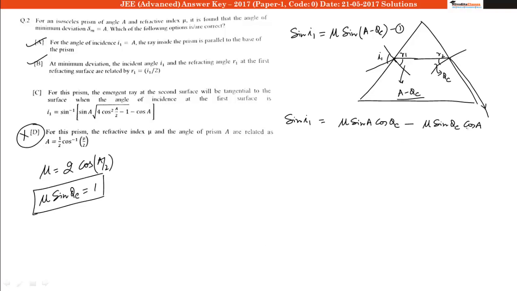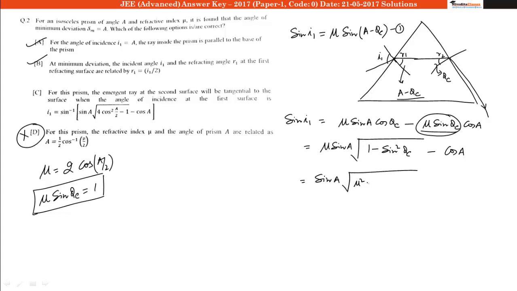Now here we can see that mu sin QC will be equal to 1, so we can substitute it, and here we can write mu sin A, and cos QC we can write as root of 1 minus sin square QC, minus cos A. Now if I take mu inside the root, I will get sin A root of (mu square minus (mu sin QC) whole square) minus cos A. Now mu sin QC is 1, so I will be left with sin A.